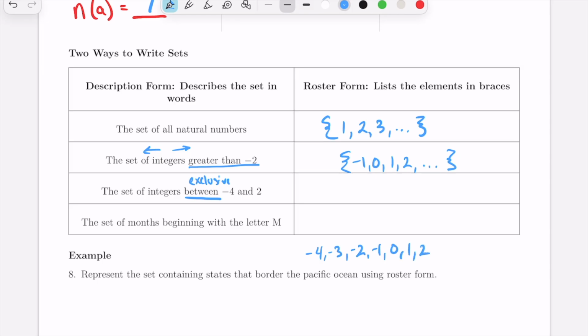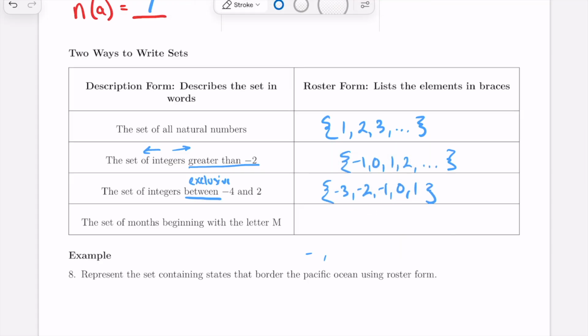This would be the set of integers between -4 and 2 inclusive, but because we want between -4 and 2, between means I'm not doing that, and I'm not doing that. So what we have left here would be our answer. The set of integers between -4 and 2 is -3, -2, -1, 0, 1.